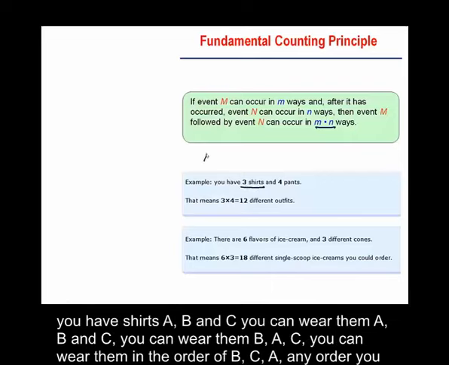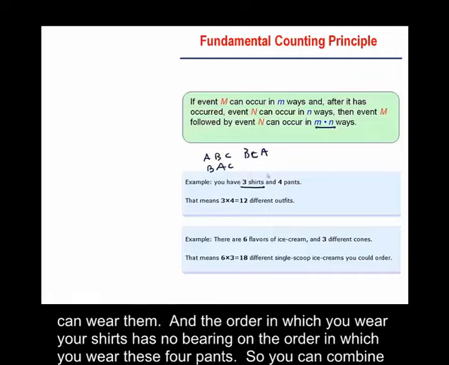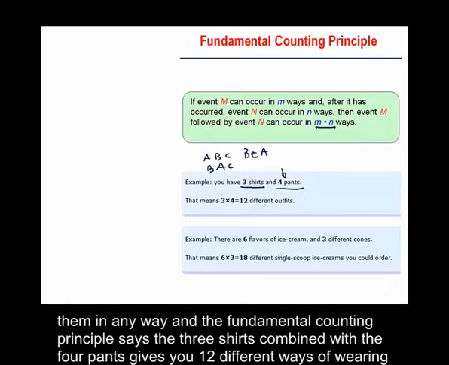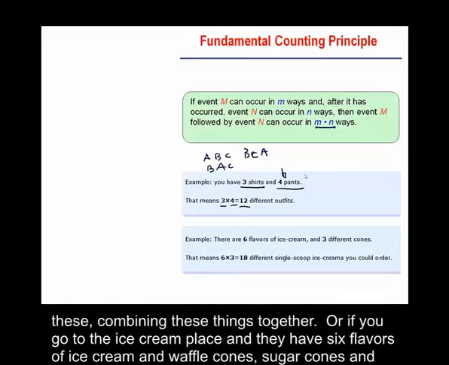If you have shirts A, B, and C, you could wear them A, B, C. You could wear them B, A, C. You could wear them in the order B, C, A. Any order you can wear them. And the order in which you wear your shirts has no bearing on the order in which you wear these 4 pants. So you can combine them in any way. And the fundamental counting principle says that your 3 shirts combined with 4 pants gives you 12 different ways of wearing these, combining these things together.